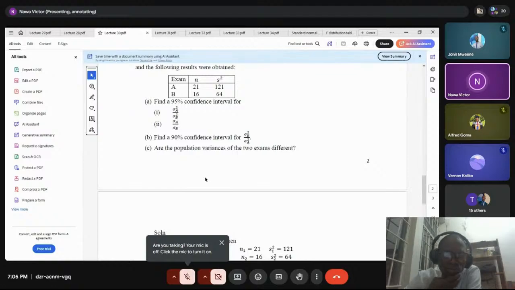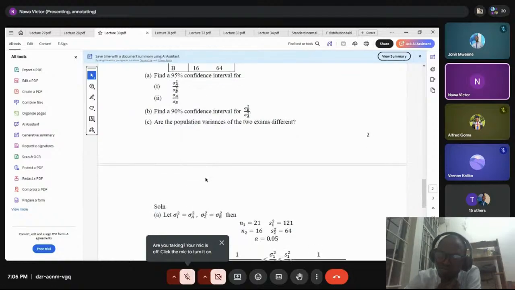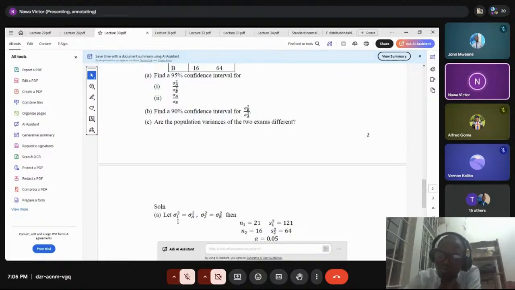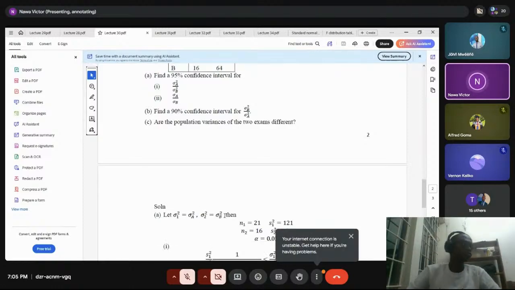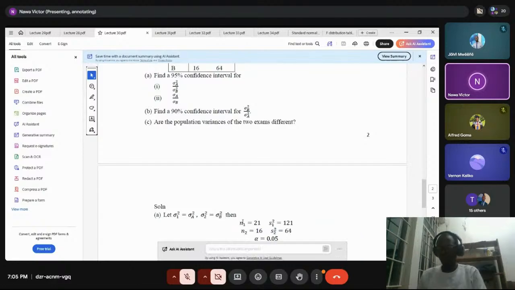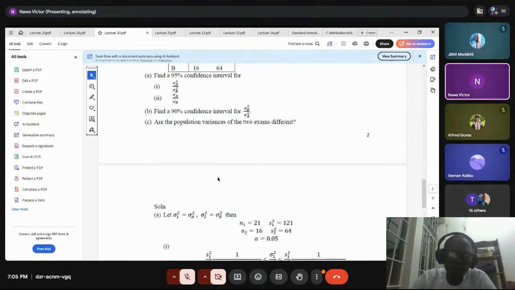So let's use 1 and 2. Even if it doesn't matter, we can still use A and B. But here I'm saying let's go sigma 1 squared for sigma A squared, sigma 2 squared for sigma B squared. So where there's A we'll put 1, N1 is 21.